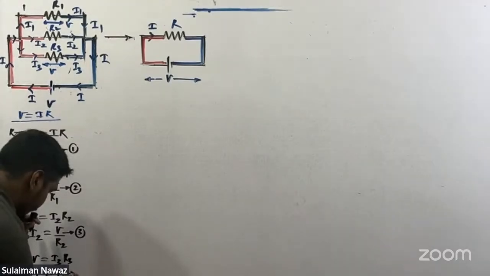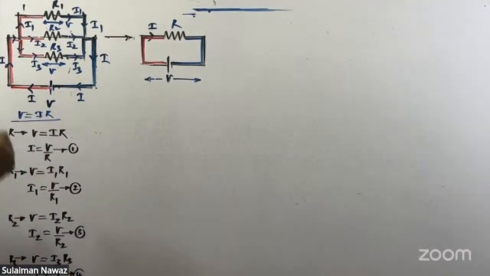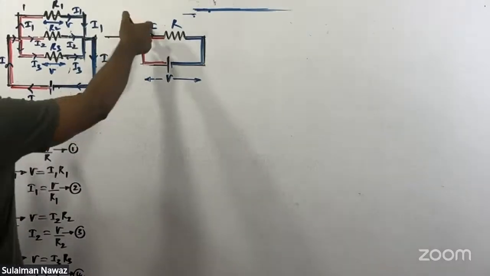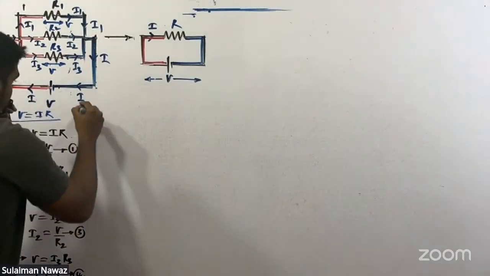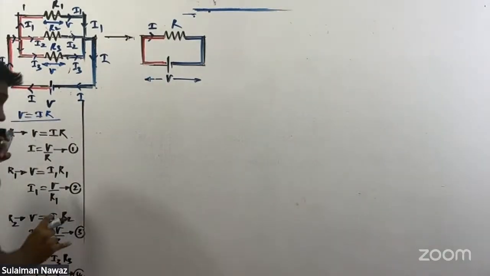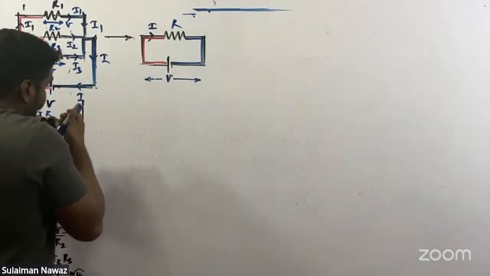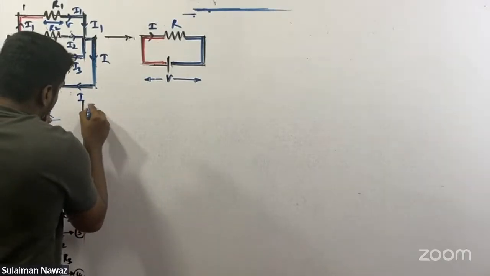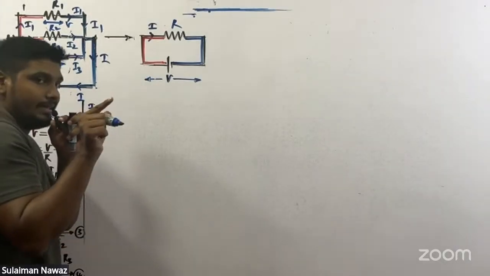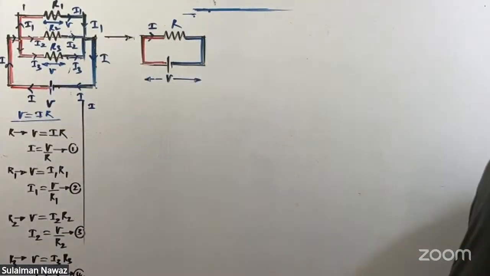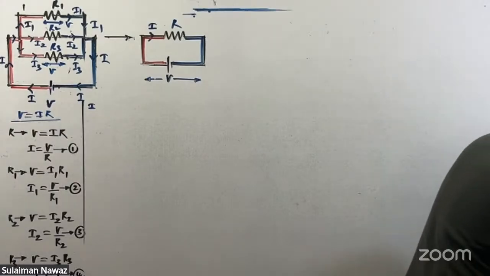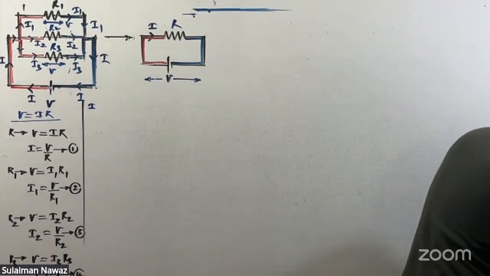Then what you can do: we all know that the current capital I must be equal to I1 plus I2 plus I3. That's what we know. In the second red color point that we wrote, we wrote that the summation of current passing through each resistor is equal to the current passing through the equivalent resistor.